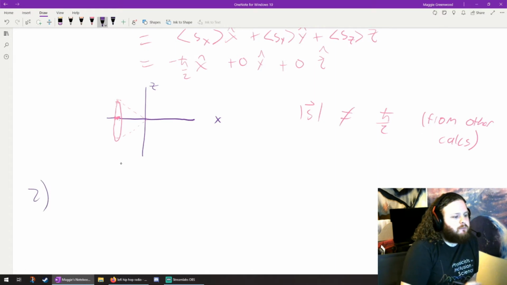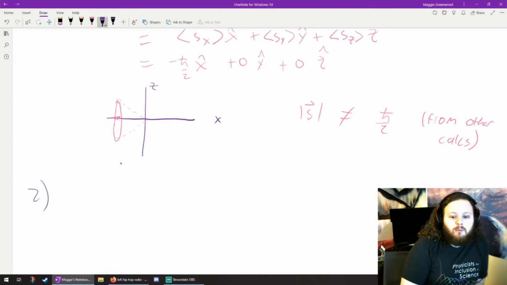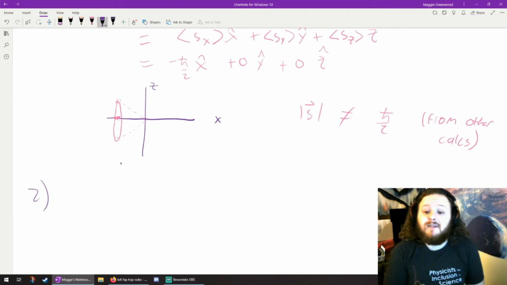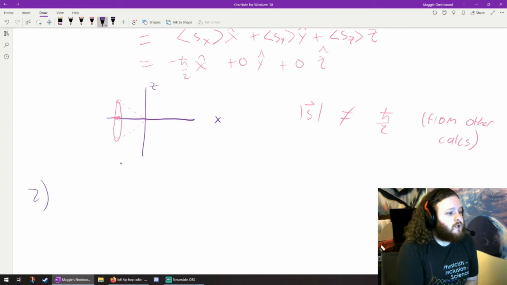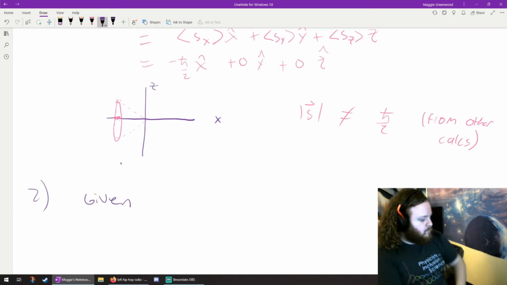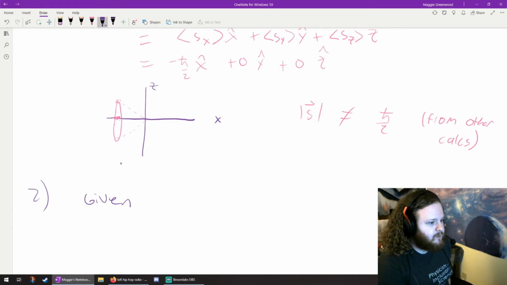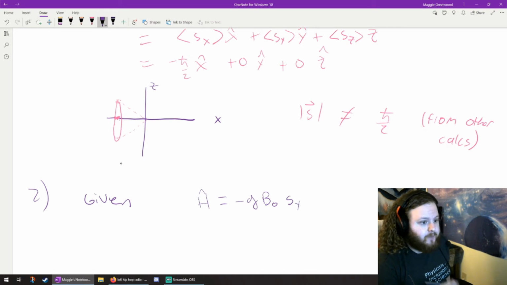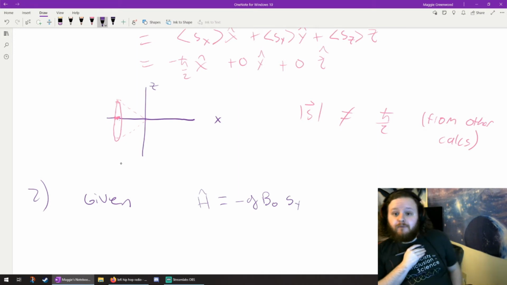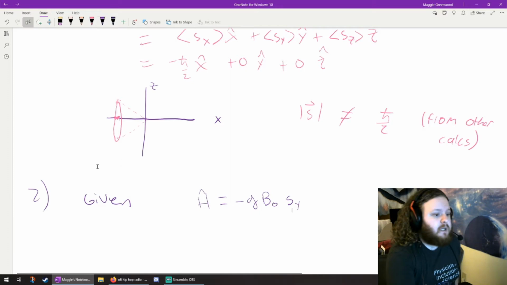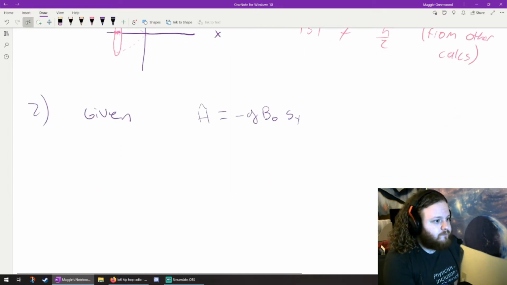So let's move on to question 2. Question 2 here is a lot more indicative of the things that you do later in quantum mechanics, which is really a lot of find the state at a later time t. So, given a particular Hamiltonian for the system, which I have written down to the side, a Hamiltonian that looks like minus g B naught Sy, find the state at a later time t.